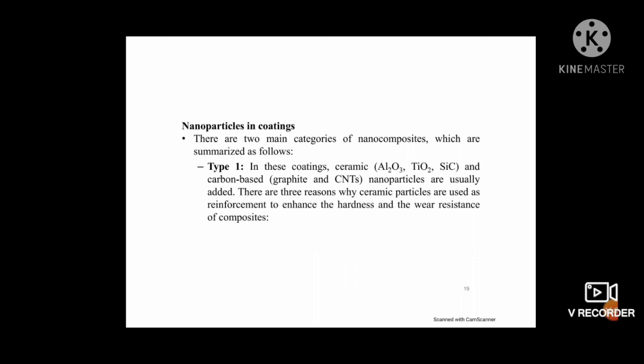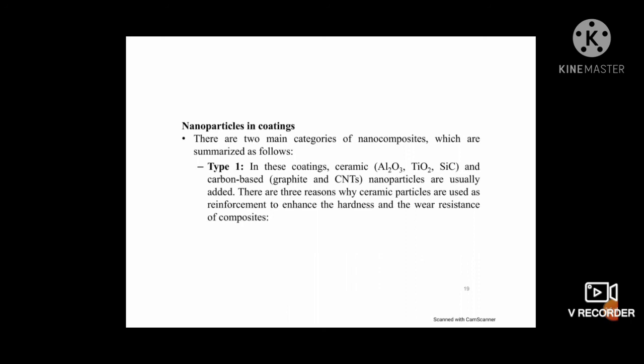So, first of all, we study type 1. In these, coating ceramics including aluminium oxide, titanium oxide, silicon carbide, and carbon based graphite nanoparticles are usually added.